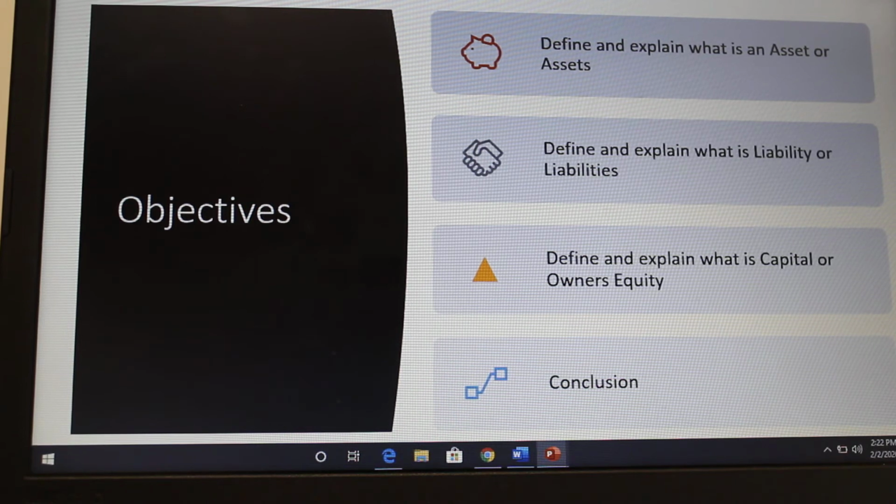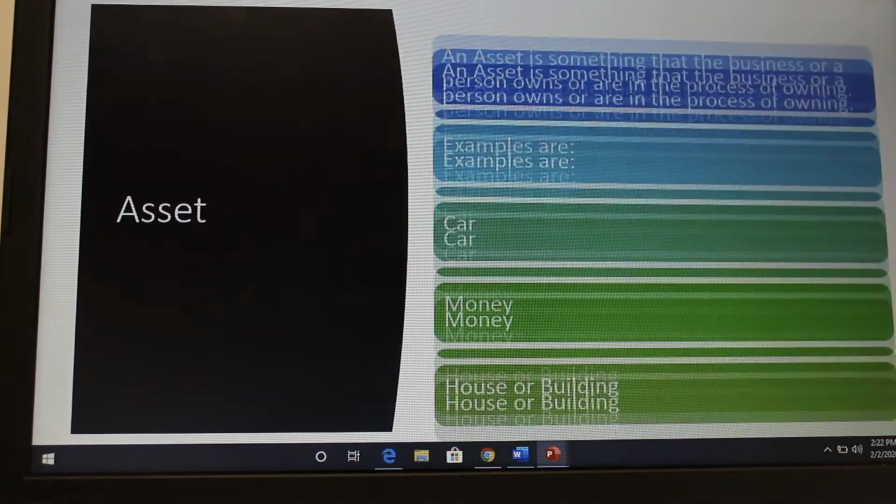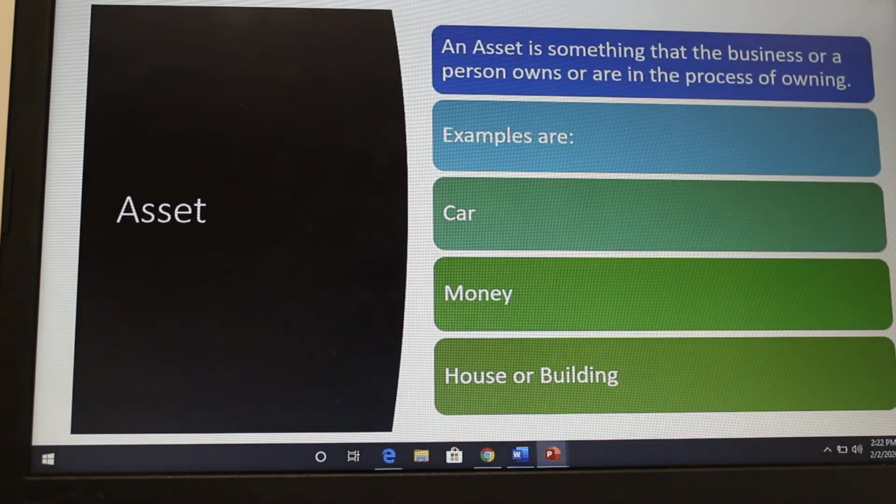Now let's move forward. So we need to look at what's assets. An asset is something that the business owns or is in the process of owning. And we can say, for example, a car, money, house, or building. So we can consider that to be an asset.